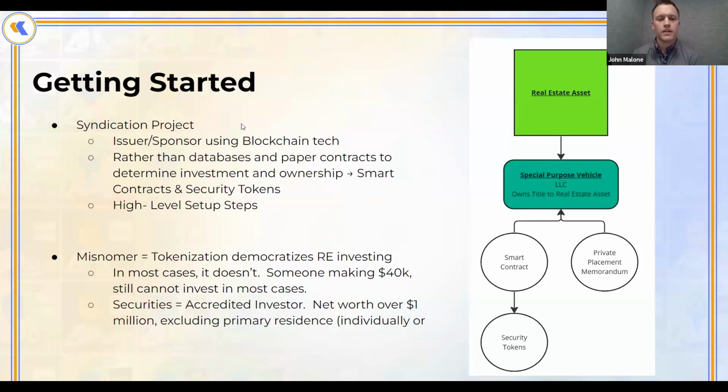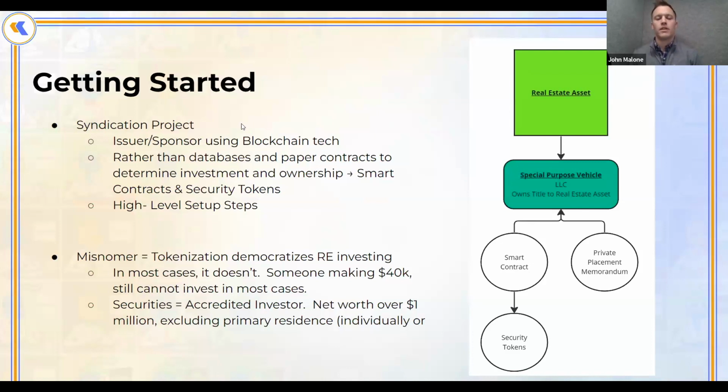So rather than paper contracts, if you've been involved in these types of deals, there are a lot of operating agreements that are extremely complex. There's a lot of paperwork to determine ownership. And really, at the end of the day, your ownership in an LLC, in a syndication, or in any type of partnership, even if it's small or big, is really just relegated to a piece of paper that people sign, right? That is stored on the cloud or in a file cabinet. So there are a lot of efficiencies to be gained there, right?